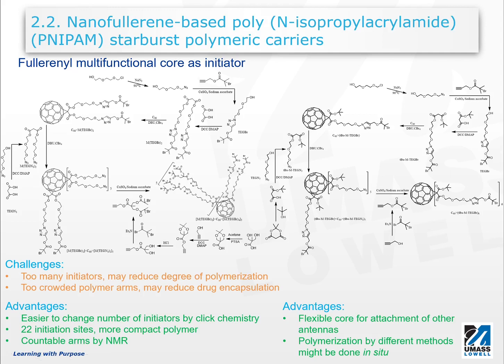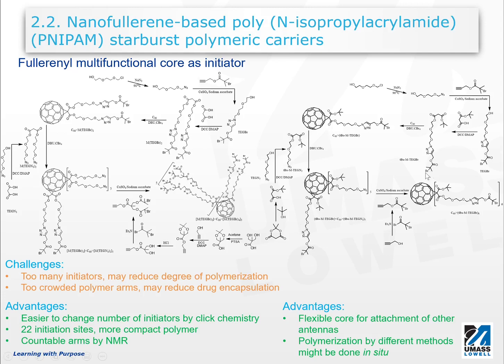The reason we do this is because the tert-butyl group is very easy to change into other types of functional group, only by transesterification or transamidation. For example, we can change it into another type of initiator suitable for ring-opening polymerization, or into another type of initiator suitable for cationic or anionic polymerization.